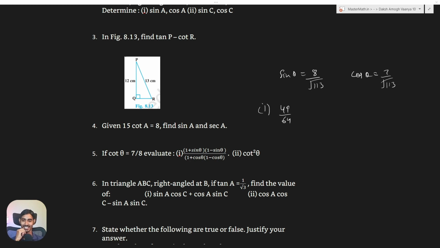Fifth question. Yes, Naveen, please explain. So using the formulas. Of course, which formula? Explain me. That's correct, but which formula? How do you start the question? Tell me.